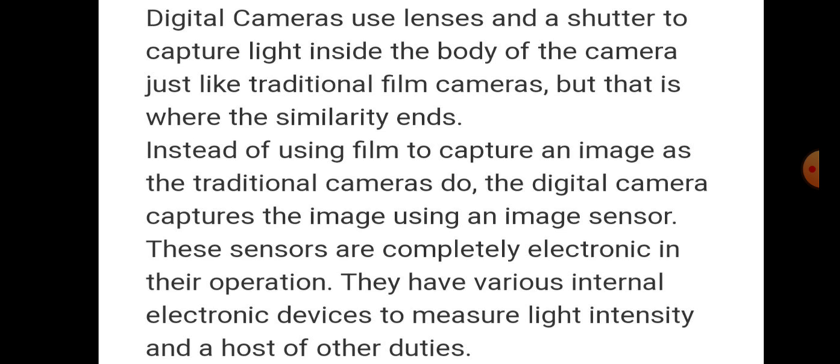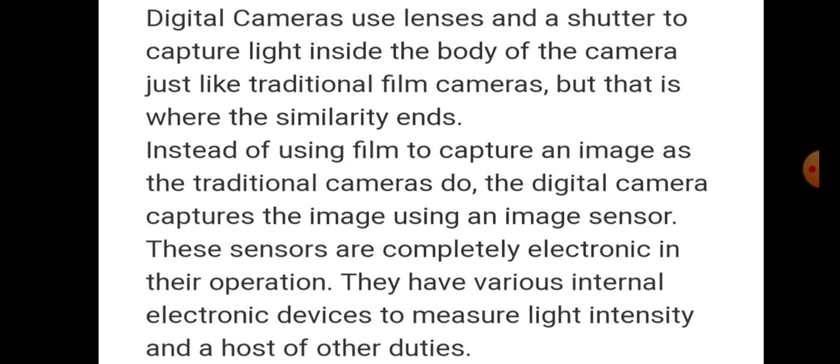Digital camera में lens का use किया जाता है as well as shutter also to capture light inside the body of the camera, just like the traditional film cameras और same traditional cameras में भी होता था, but the film is used in the traditional camera.